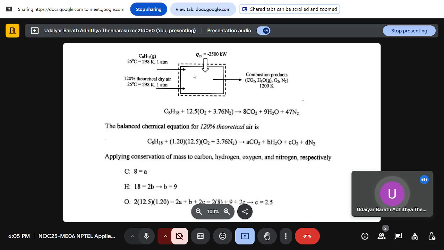The general sign convention for us mechanical engineers is that heat we are gaining is a positive quantity, and work delivered is a positive quantity in terms of an engine. So similarly here, minus 2500 is just reversed to show that it is coming in, so minus 2500 coming in means 2500 kilowatt is going out.